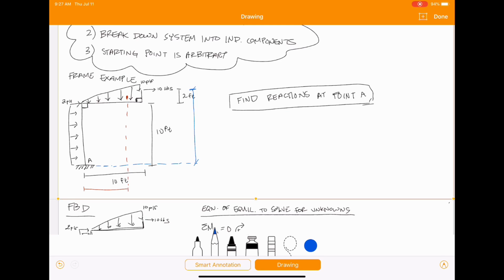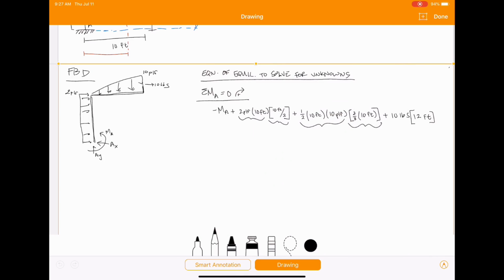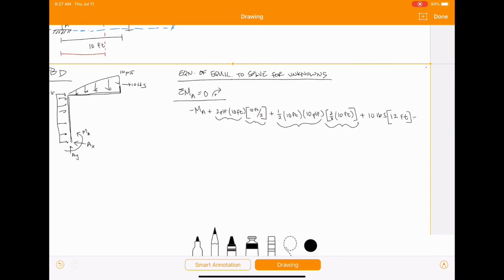So that's going to be 12 feet. All right, and that's equal to 0. So we can now solve for our unknown.